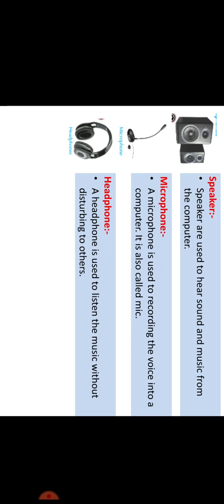Why do we put this headphone on our ears? Because we want to listen to music without disturbing others. We do not want to disturb the other person, so that's why we use the headphone on our ears. Okay, now this is the use of headphones.